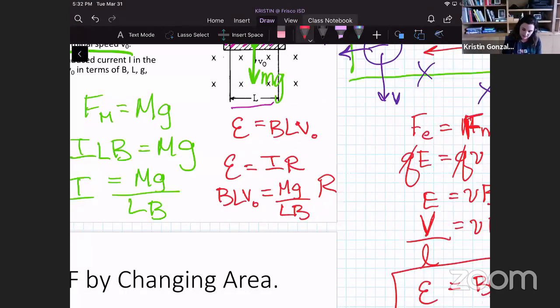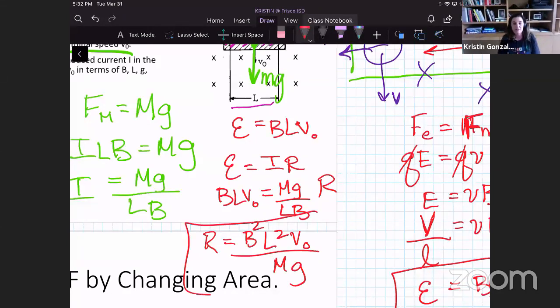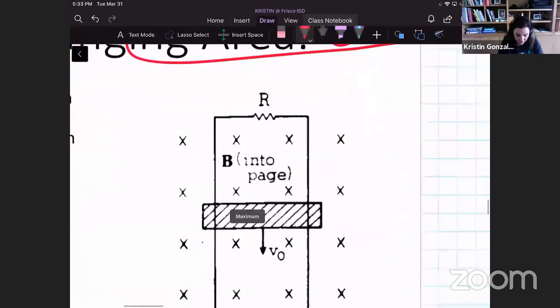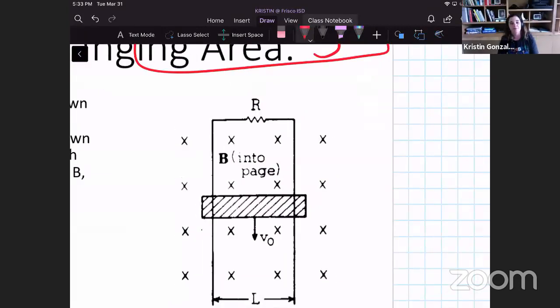So resistance will be equal to, if I multiply out, B squared L squared times the velocity divided by mg. So lots of things that we can do with these moving bar problems. They're super cool.